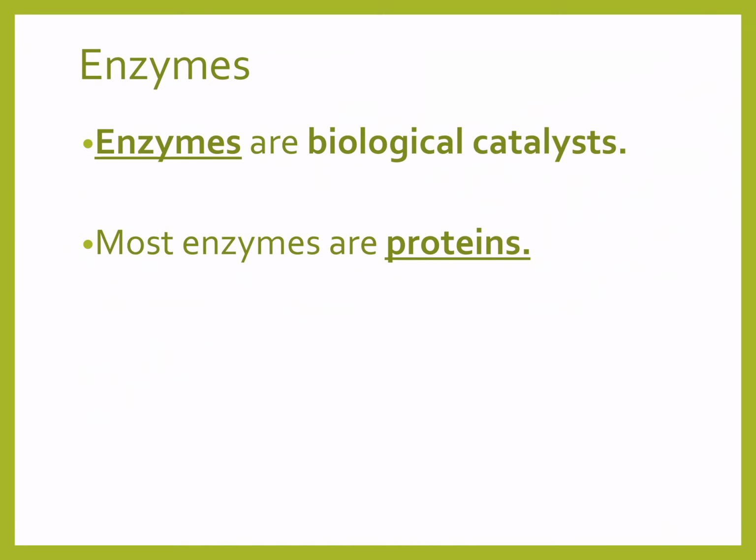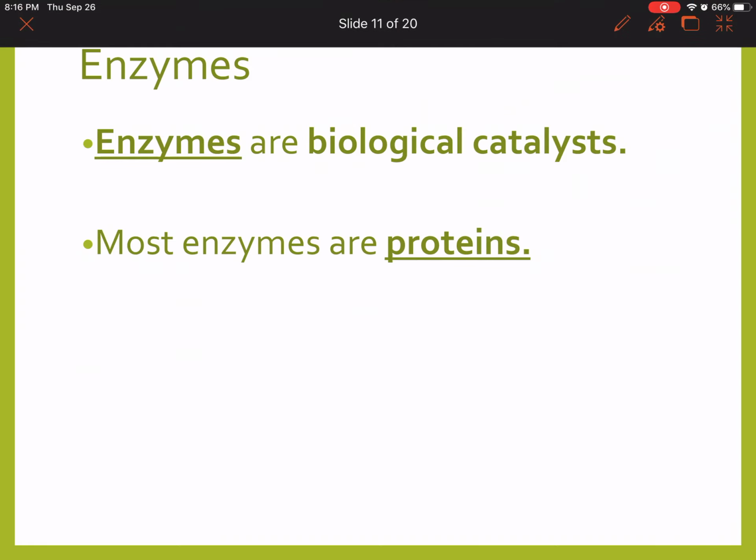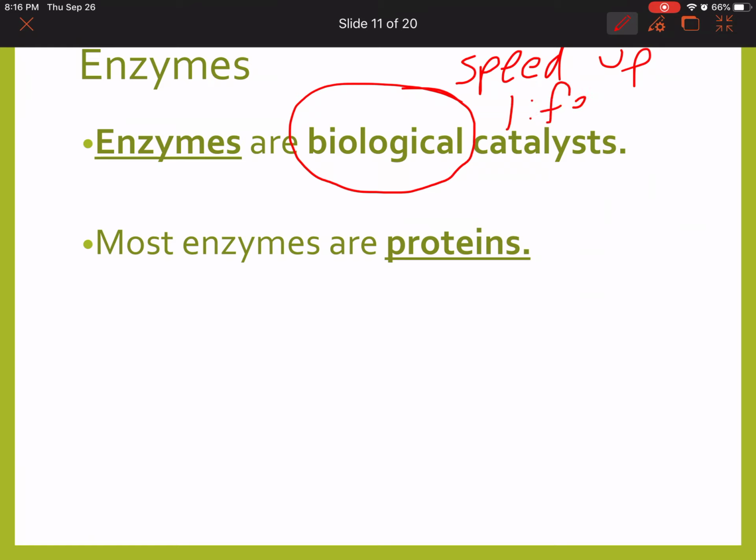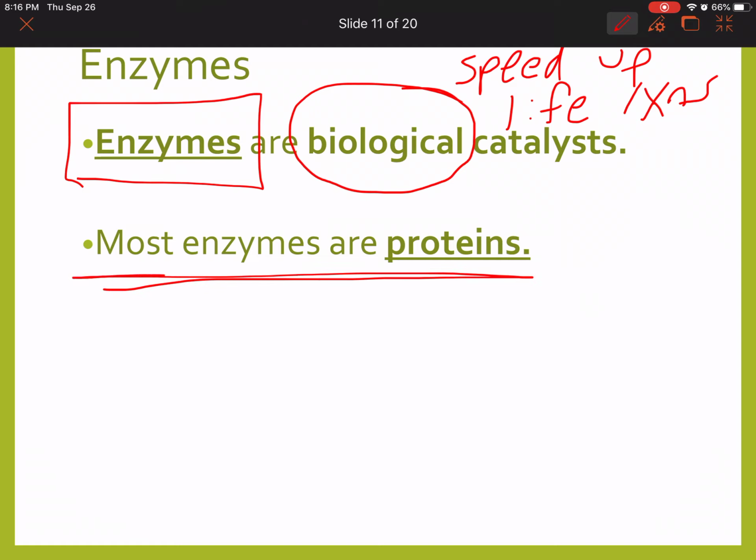All right, moving on. Enzymes are biological catalysts. So enzymes speed up, that's the catalyst part, life reactions. All the reactions that happen in our cells, these are the guys responsible. Most enzymes are proteins.